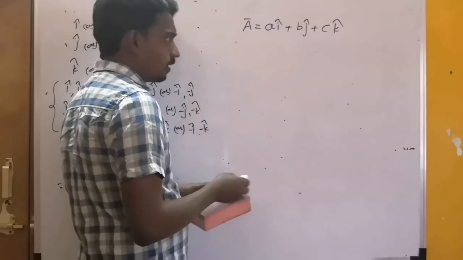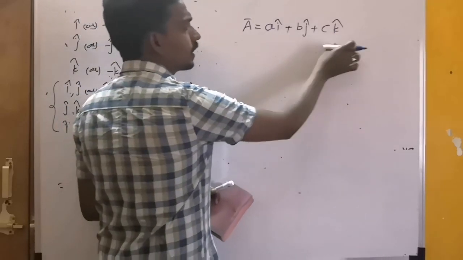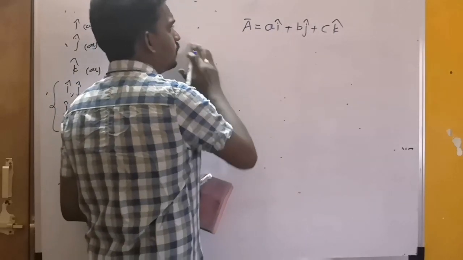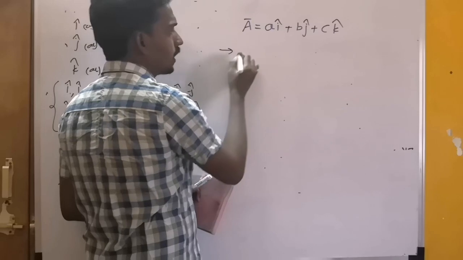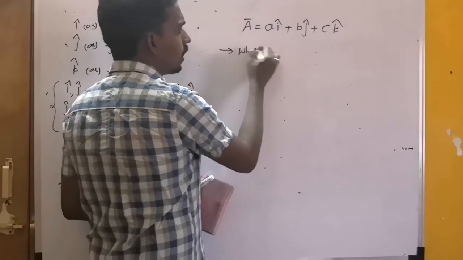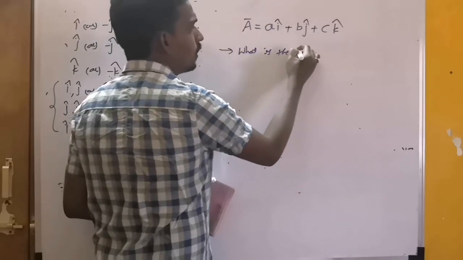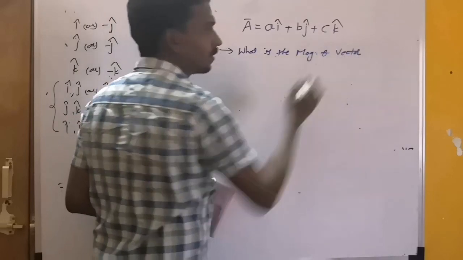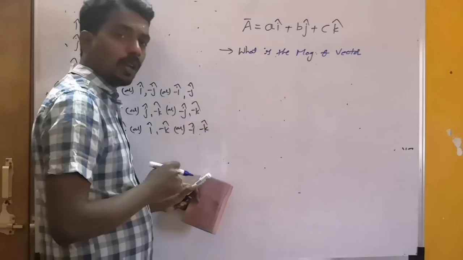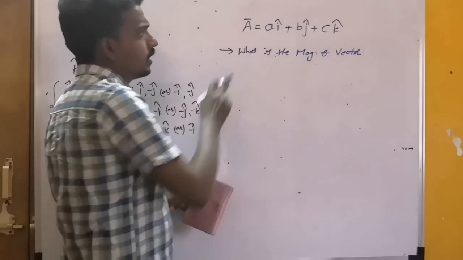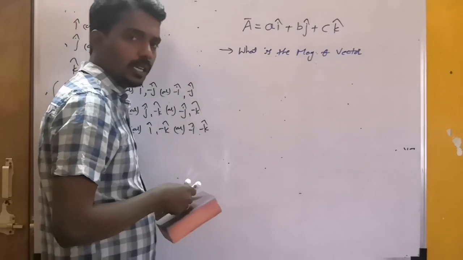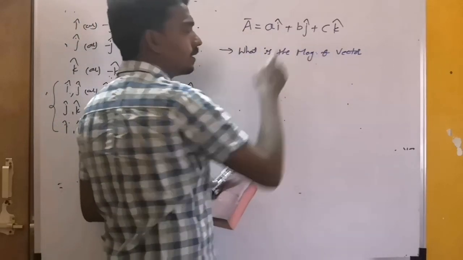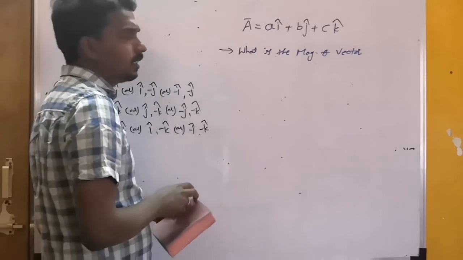For such a vector, I mean a vector given in vector form, the first thing we have to calculate is, what is the magnitude of the vector? See, a vector has 3 components, x component, y component, z component, right?